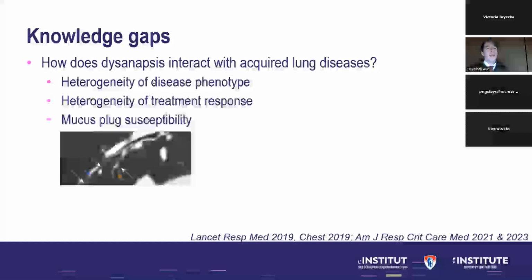When I'm referring to heterogeneity of disease phenotype, I'm sure you all have patients with asthma, for example, who have markers of Th2 inflammation in the same range, but their exacerbation frequency and exacerbation severity may differ quite a lot.